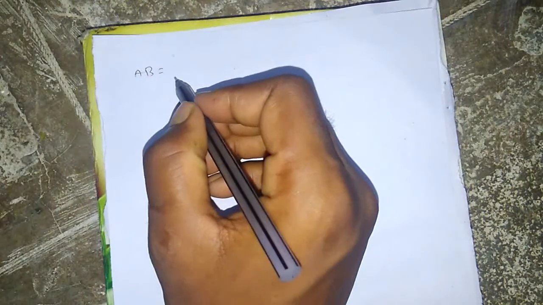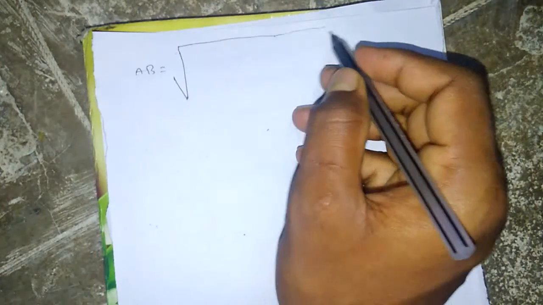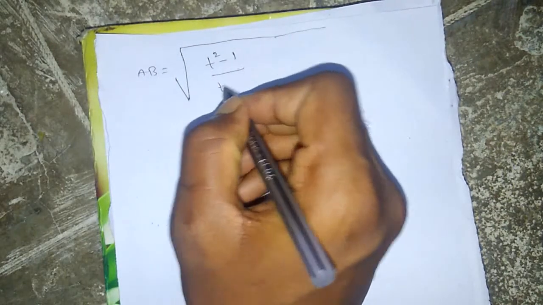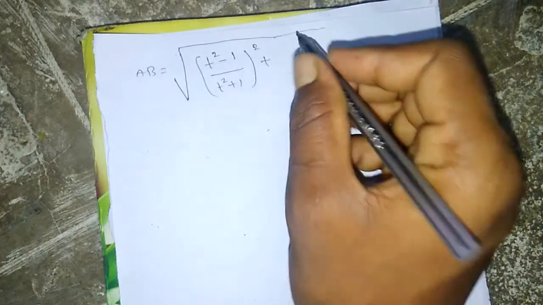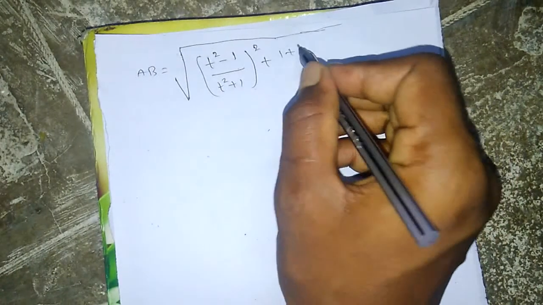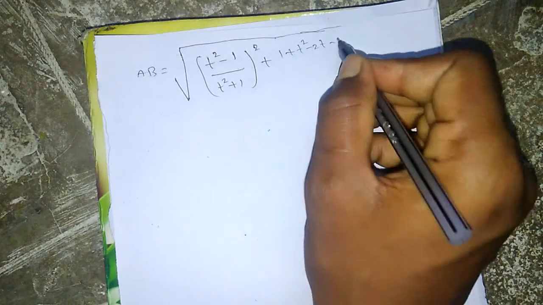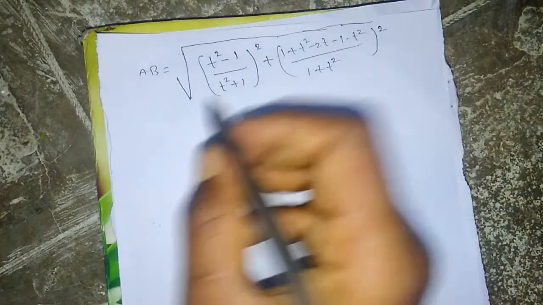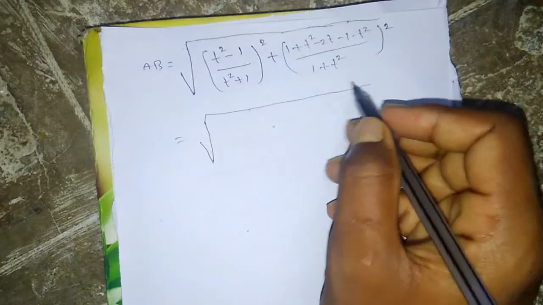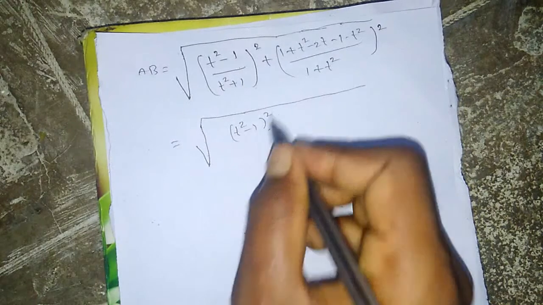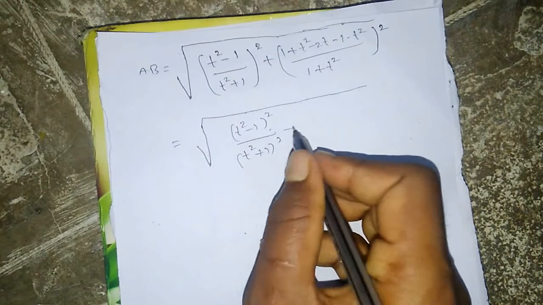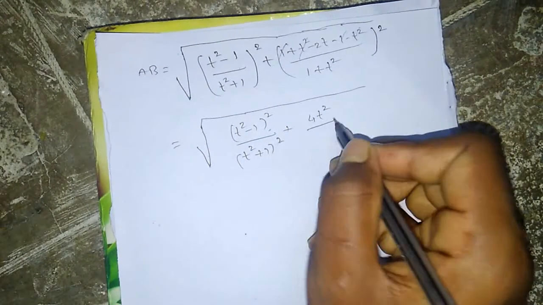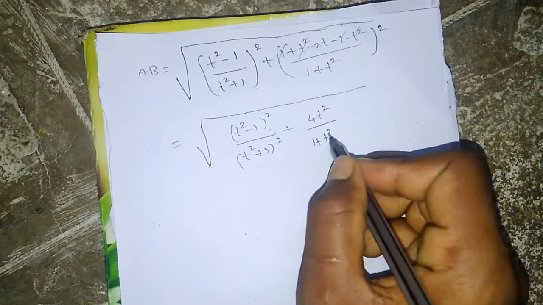That is equal to the root of ((2t² − t²) − 1)/(t² + 1) whole squared plus, this is (1 + t² − 2t − 1 − t²)/(1+t²) whole squared, that is equal to (t² − 1)²/(t² + 1)² plus, here 1 gets cancelled, t² gets cancelled, (−2t)², that is 4t²/(1+t²)².